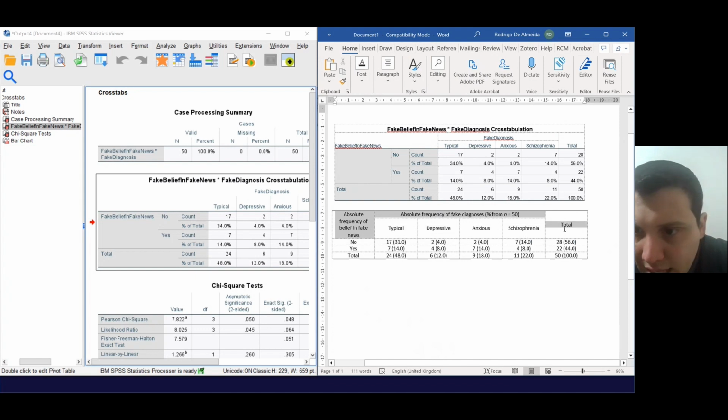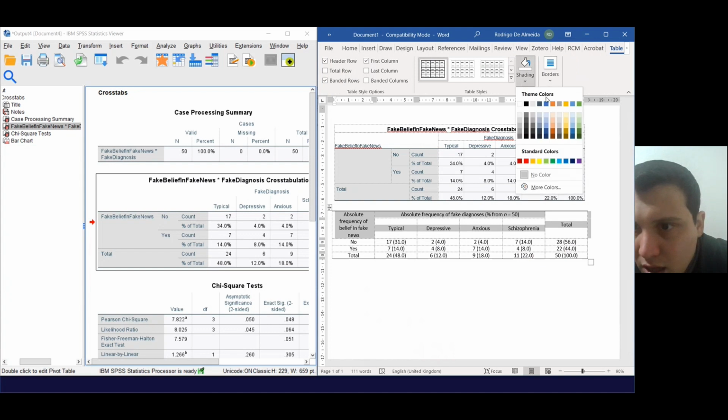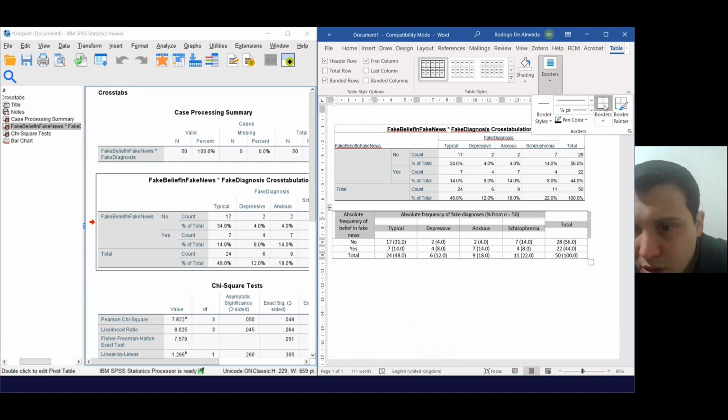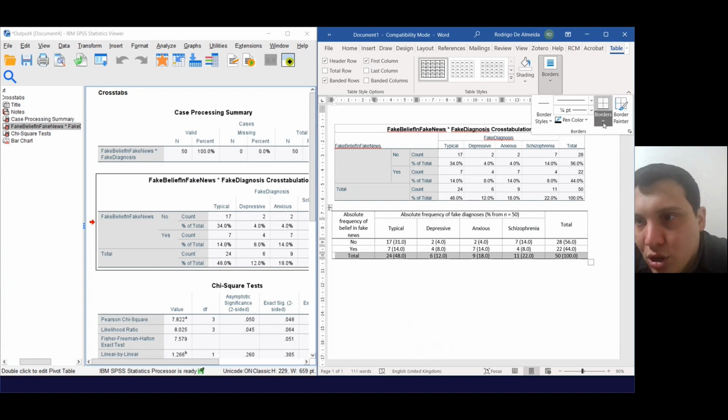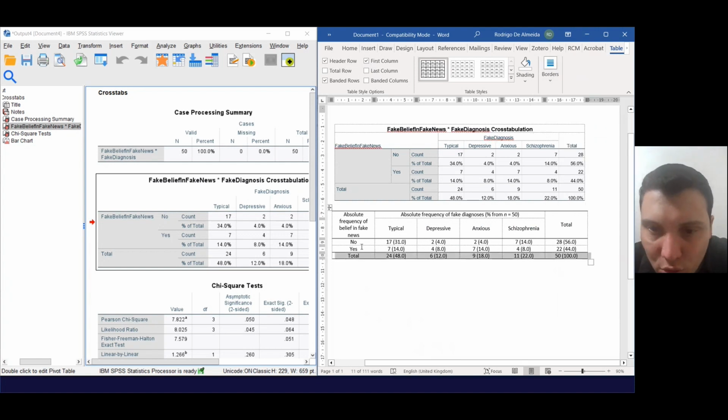And we want to separate the headings from the rest of the text by having a line below the headings, above the first row in the body of the table, okay? Do we separate these columns based on vertical lines? No, we never use vertical lines. But we can separate the last row using a top border here, because that's the row with the totals. So we can have a top row in here.